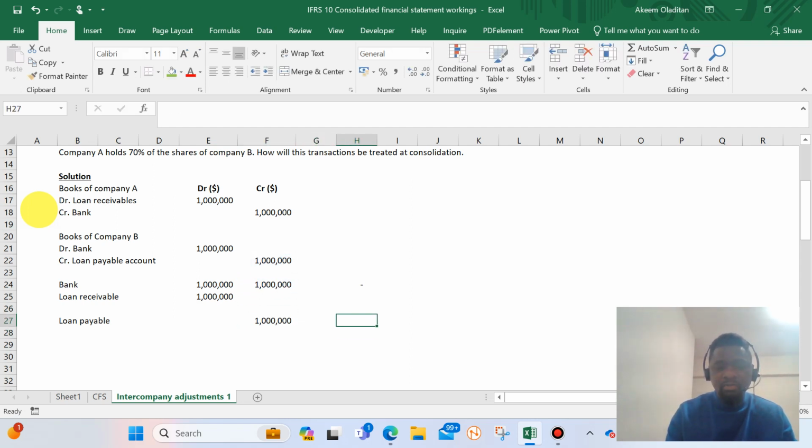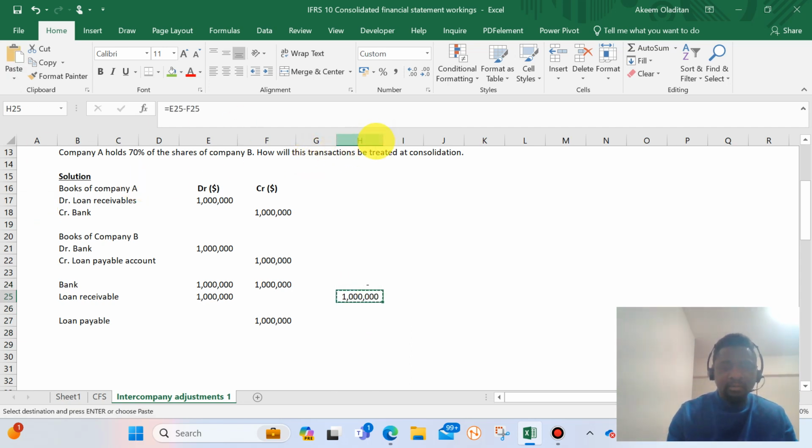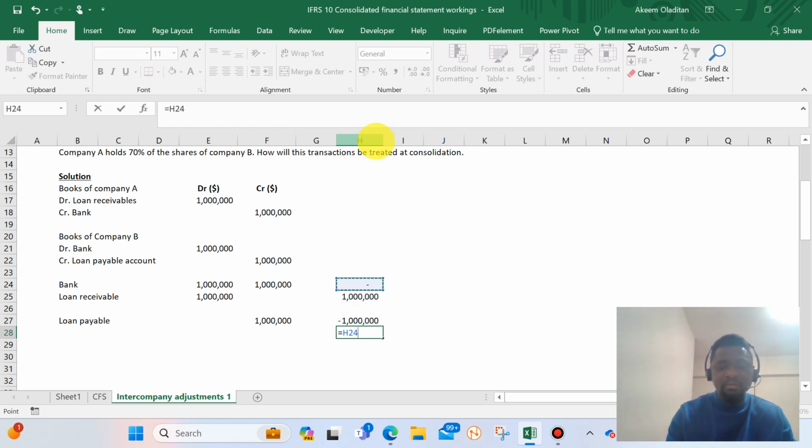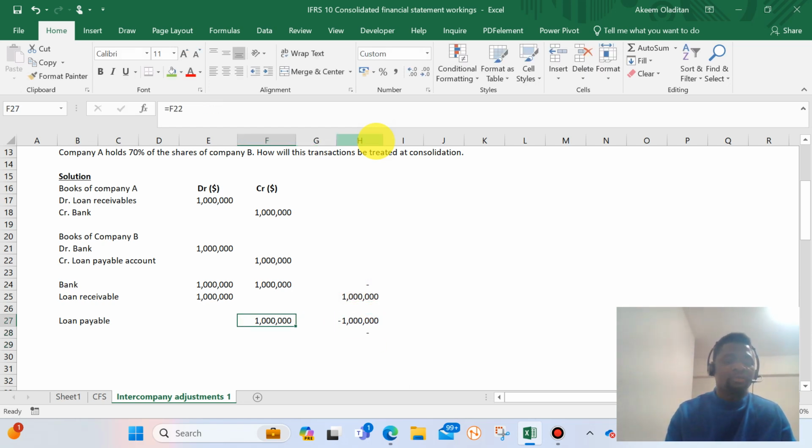So our pro forma statement will now look like this. It doesn't make sense having loan payable and loan receivable, because somebody will ask you what's the component of this loan receivable. When you say that, oh, this loan is receivable from my subsidiary, Company B, it doesn't make sense. So at consolidation, there's need to write it off.